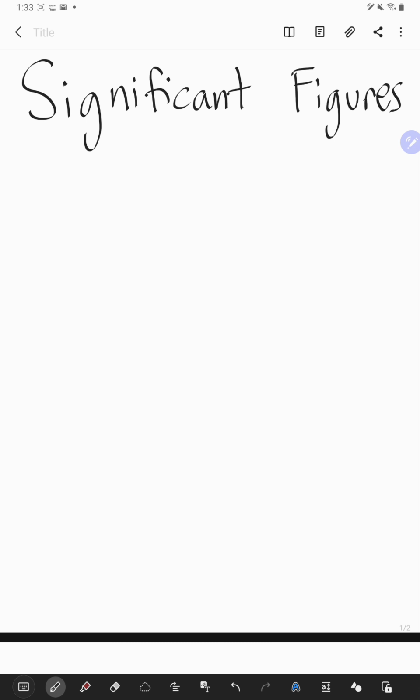But the main point of significant figures is that you do not want your final answer to be more exact than the numbers used to calculate that answer. I'm going to write that down.